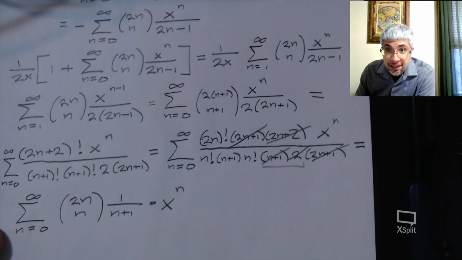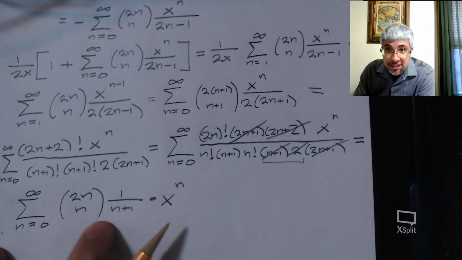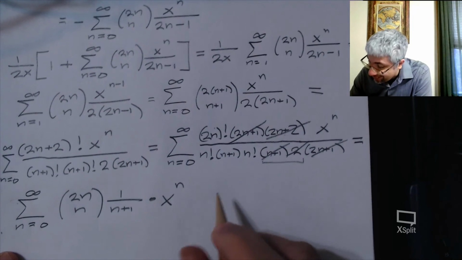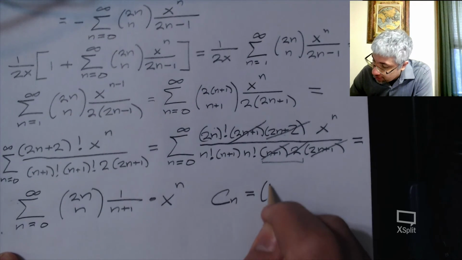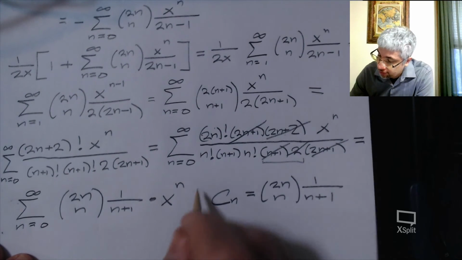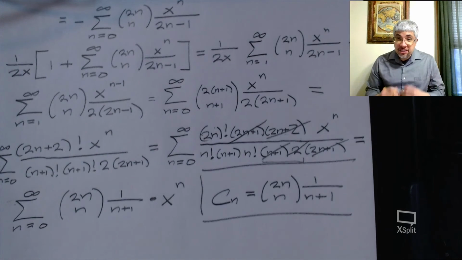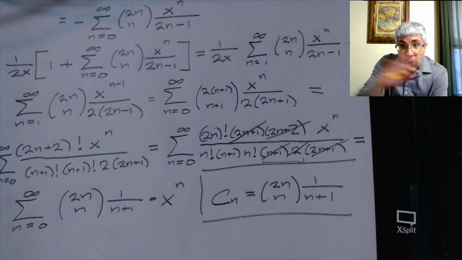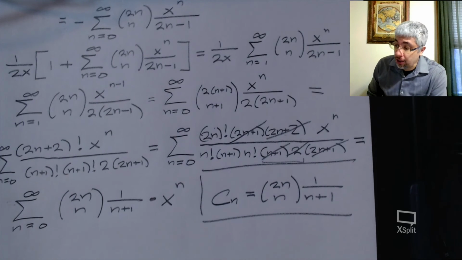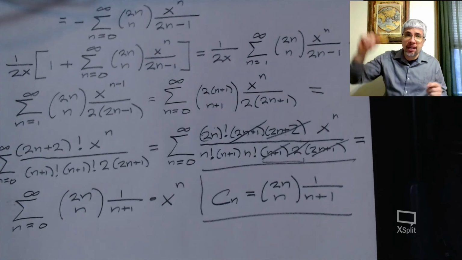And I know that the Catalan numbers are given by the coefficients of x to the n. And what are those coefficients? They're right here. So I finally get C_n equals 2n choose n times 1 over n plus 1. And I have solved for not just one, but for all of the different problems I've showed you, whether it was binary trees, or finding ways to make parentheses, or the number of paths up a triangular lattice, or triangulating a polygon.